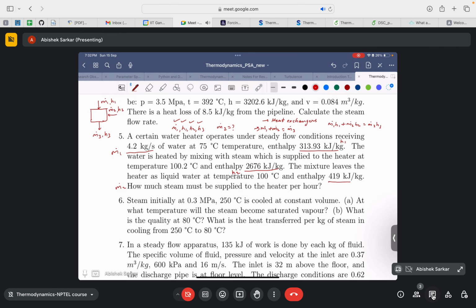Because we know that for heat exchangers, the summation of m dot i h i was equal to the summation of m dot e h e, right? So the incoming streams are these two, so these two will come clubbed together here, and the outgoing stream is this one, so it will be included here. So you need to use these two equations to find the value of m2 dot.